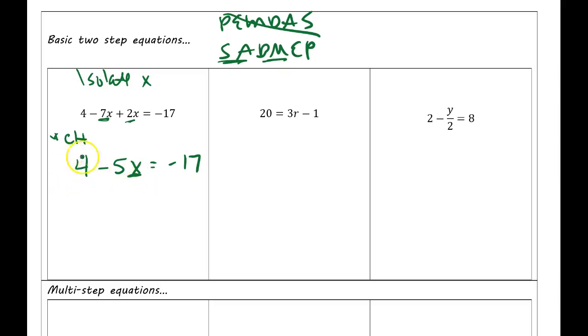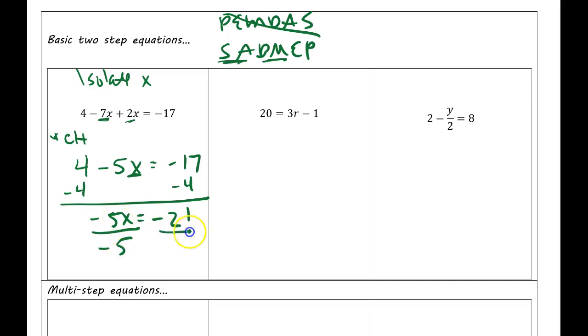So let's see, we've got a positive 4 in the front, so I'm going to subtract 4 to get rid of it, and that would be a minus 5x, and then over here it would be a negative 21. Yeah, that's the ticket. Okay, then the negative 5 is multiplied by the x, so the opposite of that is dividing it off. So both sides need to be divided.